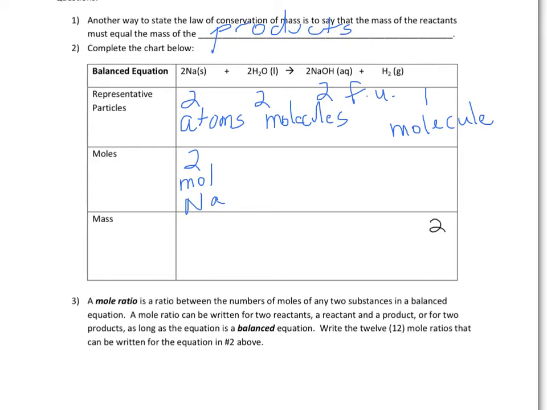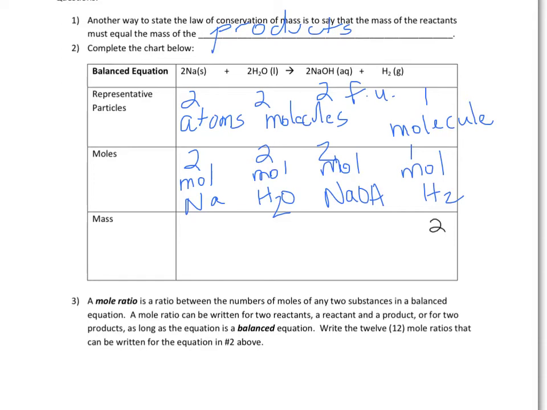So we have 2 moles of sodium, 2 moles of water, 2 moles of sodium hydroxide, and also 1 mole of H2, or hydrogen gas. So notice that the coefficients are giving us both the number of particles and the number of moles.